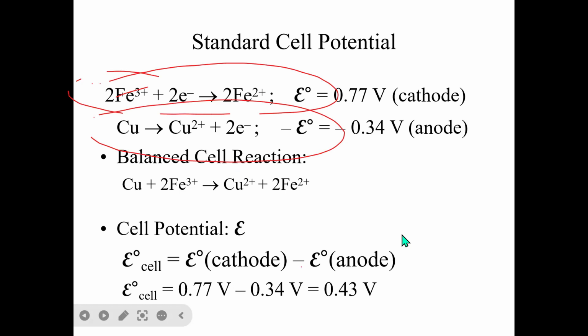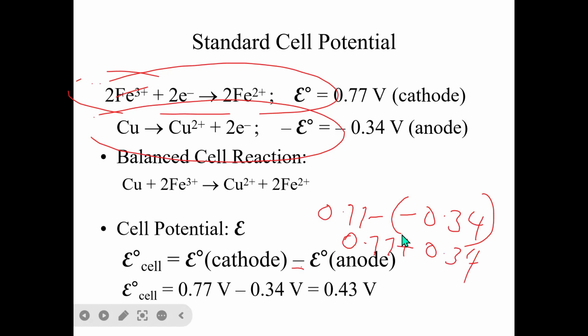So it's supposed to be something like this, 0.77 minus, already there is a minus here, and then we have this minus sign here, so it's going to be minus 0.34. So minus times minus is plus, so we have 0.77 plus 0.34.